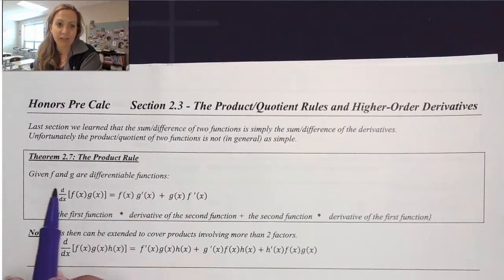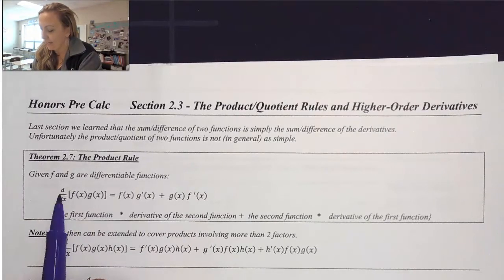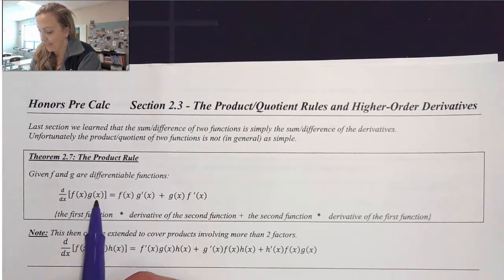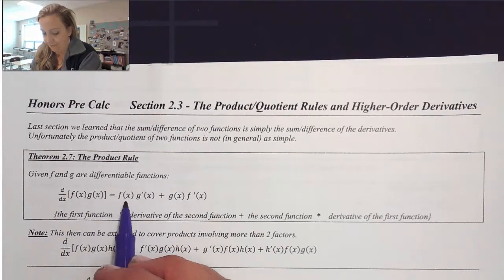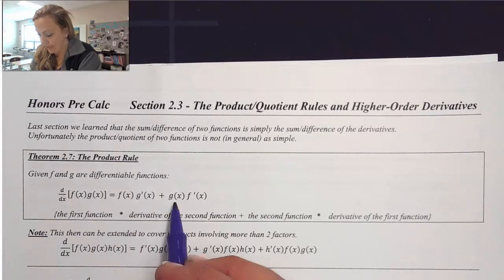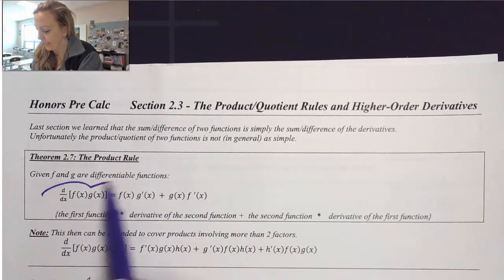If f and g are differentiable functions, then the derivative of f of x times g of x is going to be f of x times g prime of x plus g of x times f prime of x. So what does that look like?